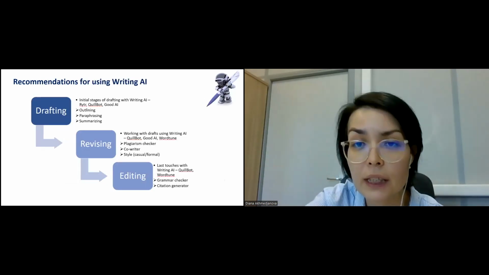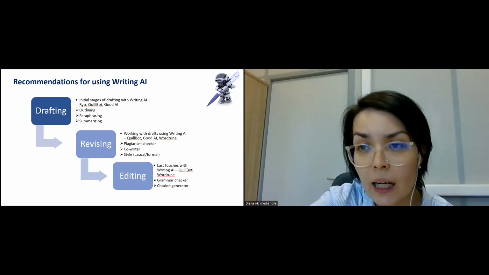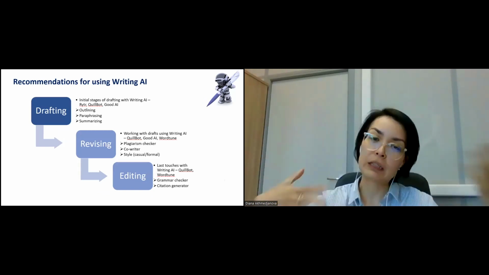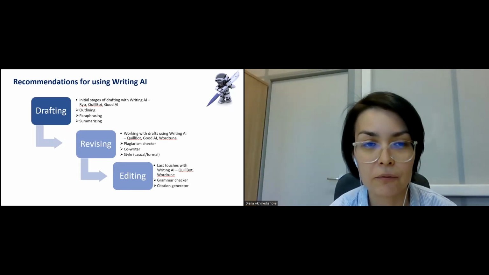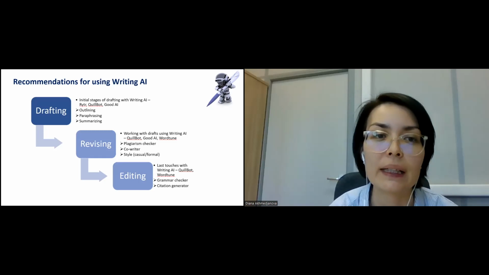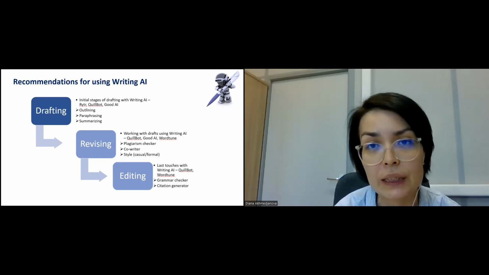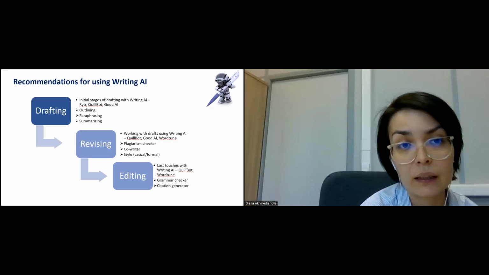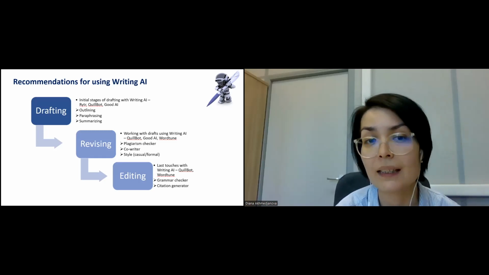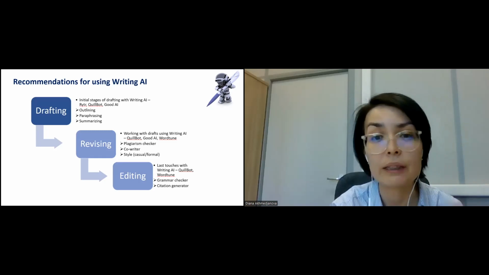Some final recommendations for all of us. We've used these tools for different parts of text generation at this point, and I have a couple of recommendations on how to use them. You can totally use them for drafting your papers, for outlining, for paraphrasing, summarizing, and even text generation.